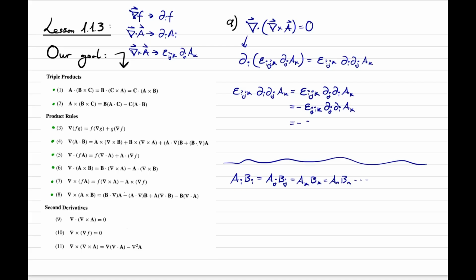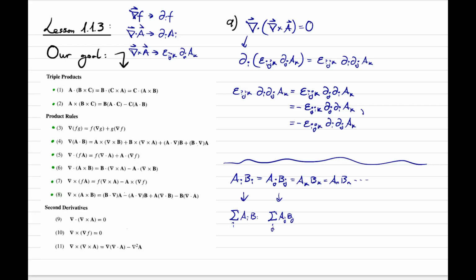So we have epsilon ijk del i del j Ak. The sum is not going to change. This is just the sum of the components Ai Bi, the sum of Aj Bj. So changing the label is not going to change the sum.